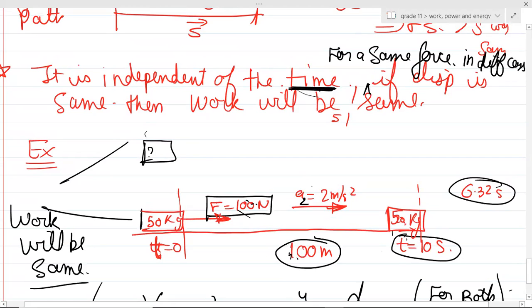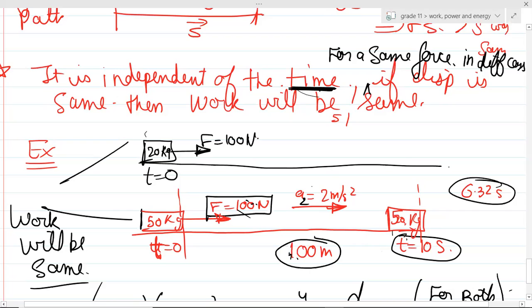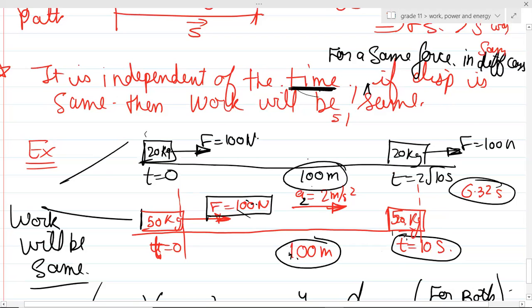I need to draw it again to make you understand. Please note it down.